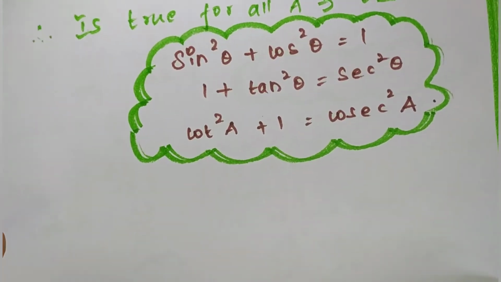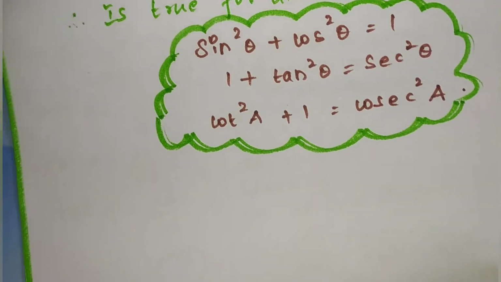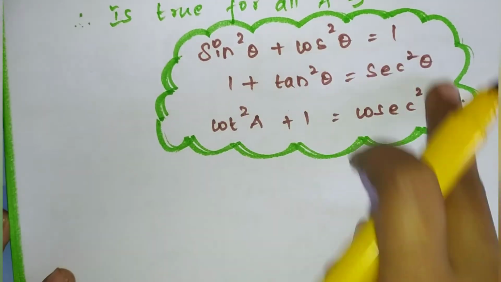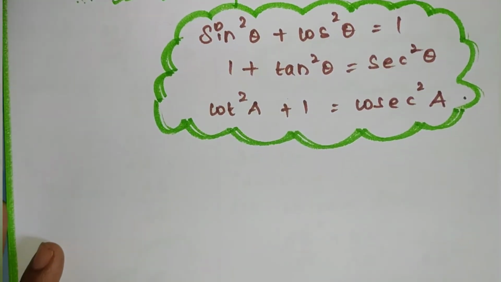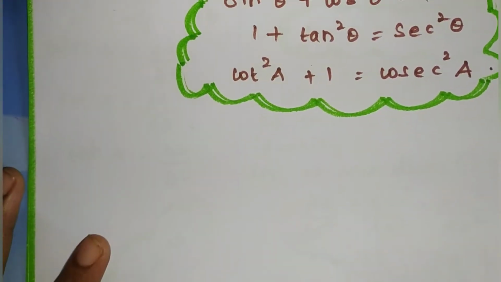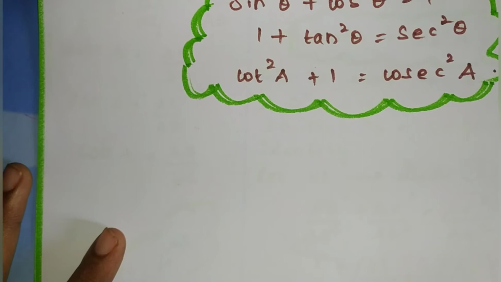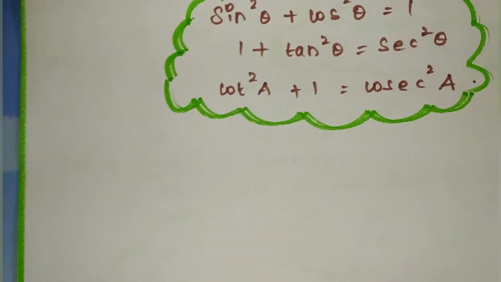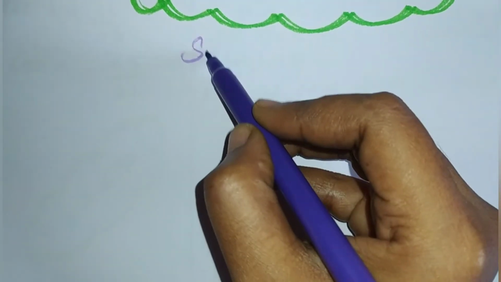Okay, and one more thing I want to tell you, an easy way to remember all the three trigonometric identities. For that I am going to draw a super hexagon. Shall we see the trick?